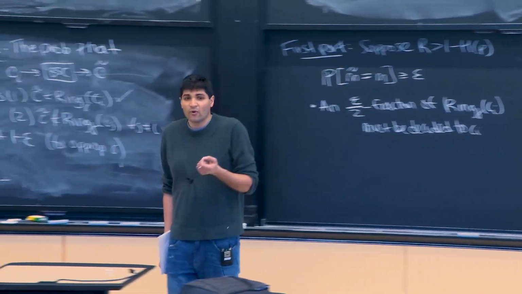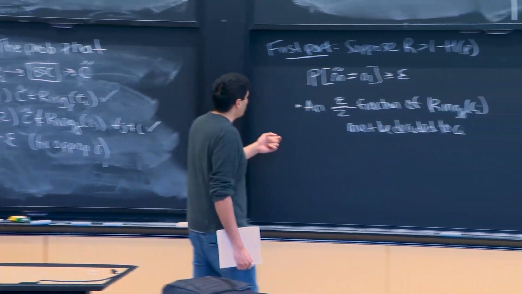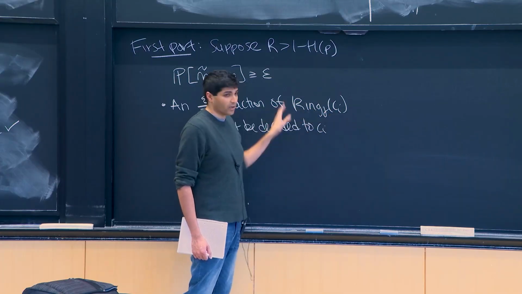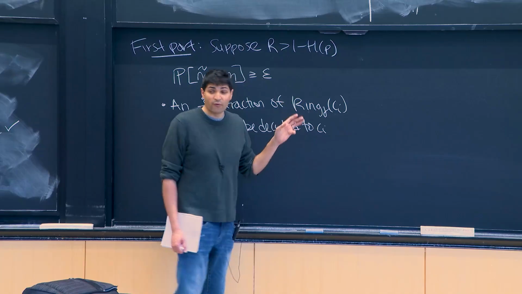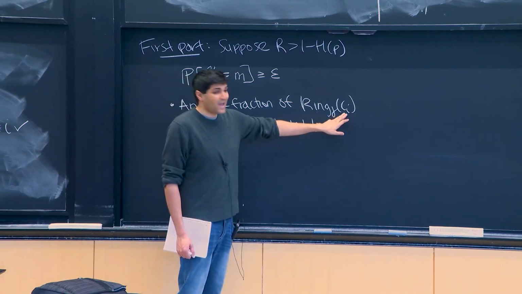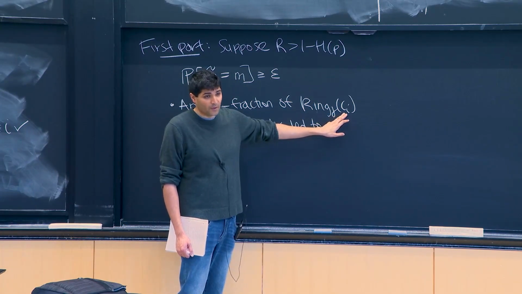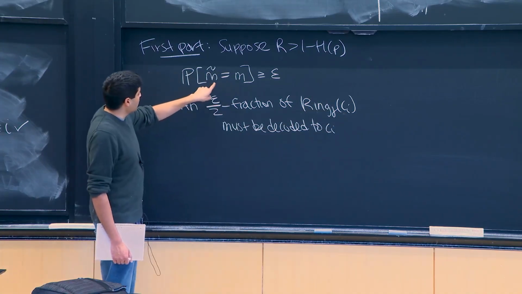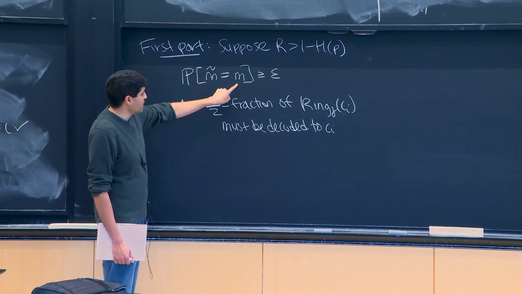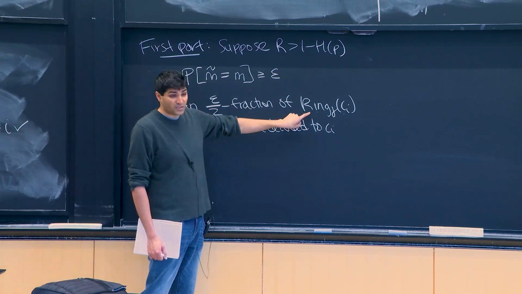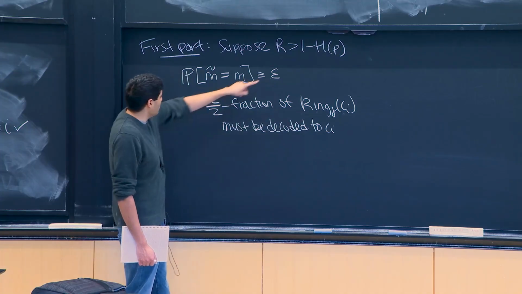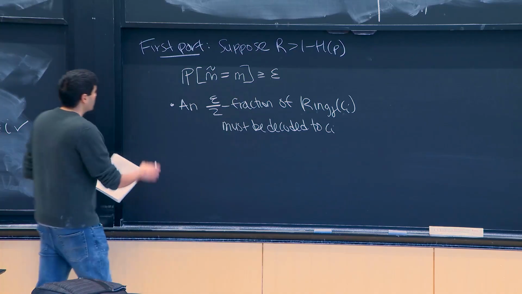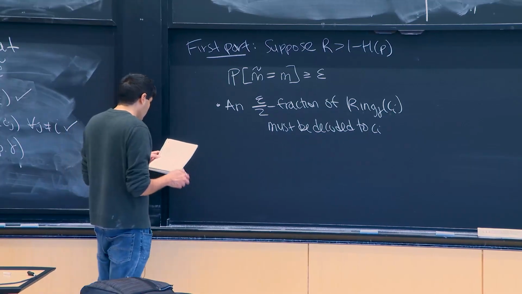But whatever our decoder is, we know that when we pass through this transmission along the channel, we're going to end up in this ring. That was the first part of lemma 1: we land in the ring with all but very small failure probability. And once we're in this ring, the fact that we're successfully decoding the original message just says that, among these outputs that we often reach, many of them must be decoded to the correct message. That's just the translation of what this statement means.